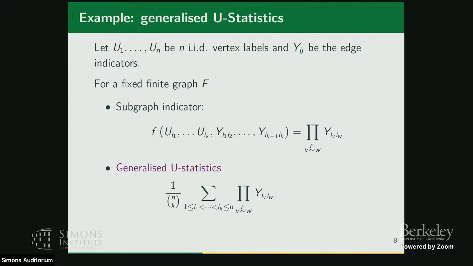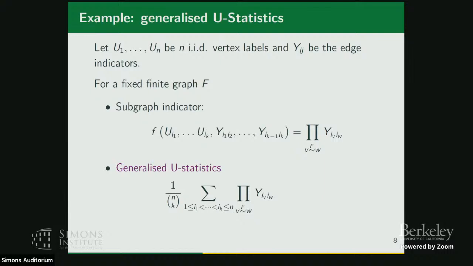You can define this function f, which depends on the k vertex labels i1 to ik and these edge indicators. Actually, it doesn't just depend on the vertex labels; it's just a product of these edge indicators whenever your vertices v and w are connected in F. So this gives you an indicator.